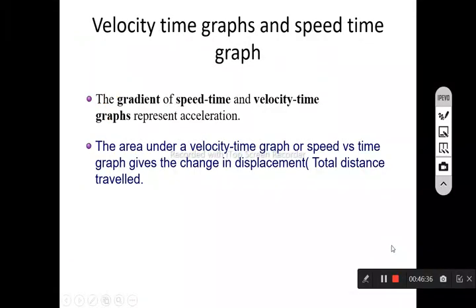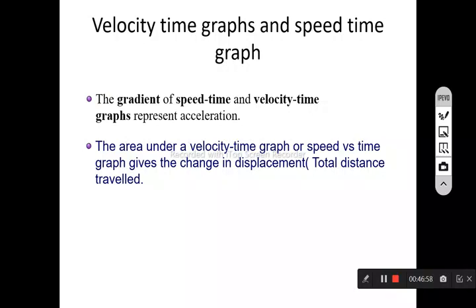Subtopic: determining the area, the distance traveled by the vehicle or a body on a velocity or speed time graph. Velocity versus time graph or a speed versus time graph.